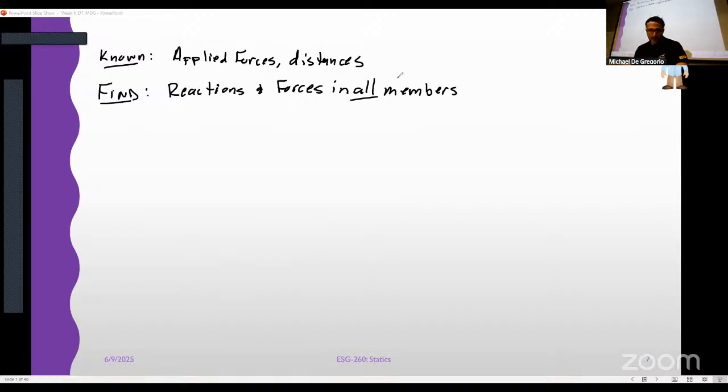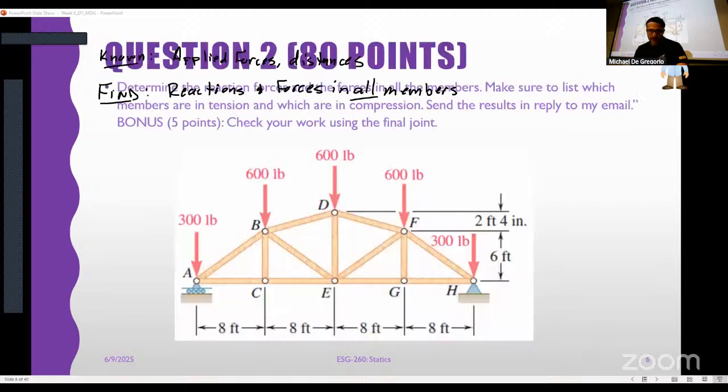Before we do that, I would like to go back and show you the actual picture of this. This is a very interesting structure. Why? Because it is symmetric. All of the dimensions are symmetric, right? It's also loaded purely symmetrically.